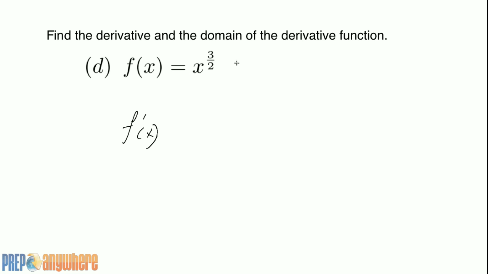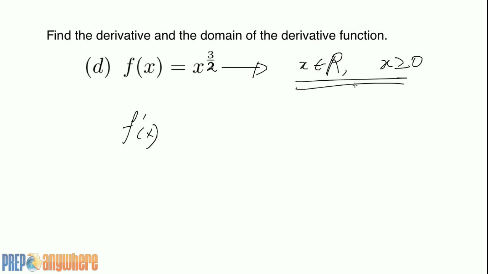First of all, what's the domain of this current function that's given? It has to be greater than or equal to 0, because of the fraction with 2 here. The domain is all the x values that are positive.